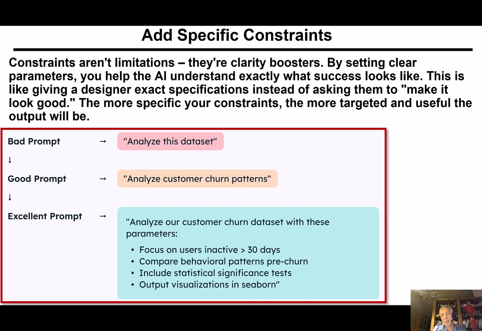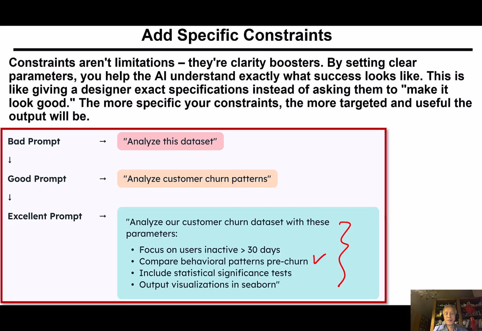You can add specific constraints. Instead of saying analyze this data set or analyze customer churn patterns, while they're leaving us, you can actually add additional constraints like focus on users who are inactive for more than 30 days.